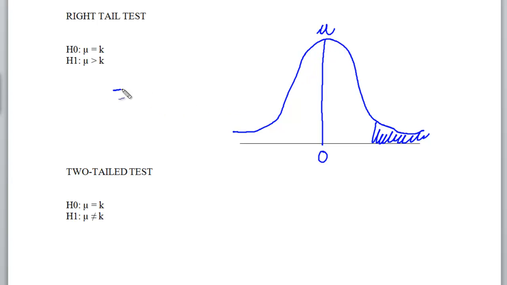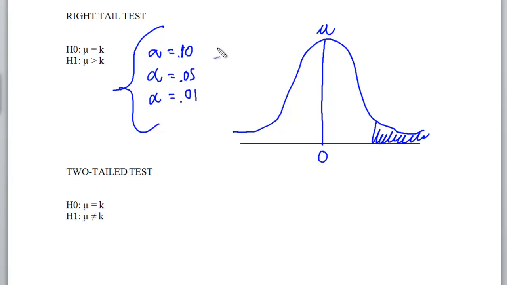Now in here, we're going to have our same alphas, which is 10%, 5%, and 1%. So 0.10, 0.05, and 0.01. Now you'll notice that the critical values are now going to be on the right side.